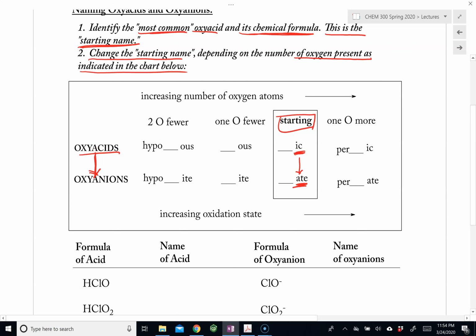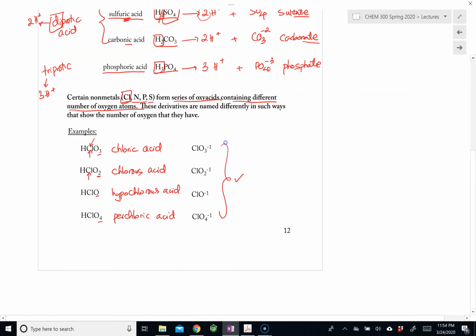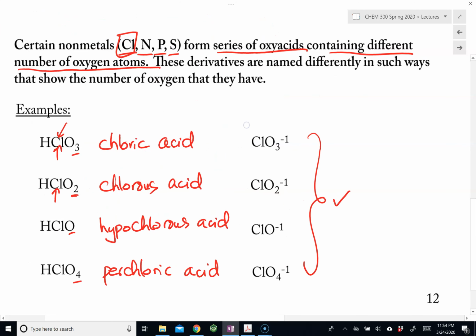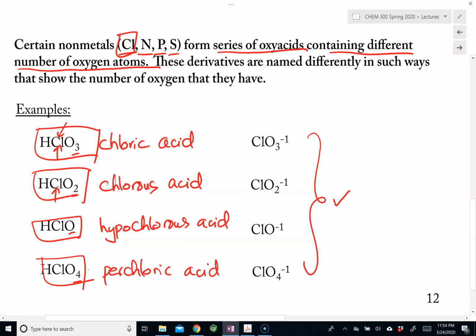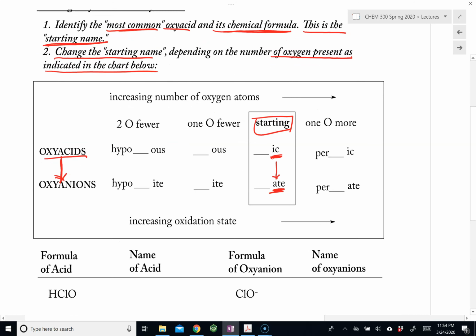To now name the other derivatives with different amounts of oxygen in them, going back to this, we know that HClO3 is chloric acid. How would we name HClO2 or HClO or HClO4? Let's now go over this table. So here is how we would modify them.